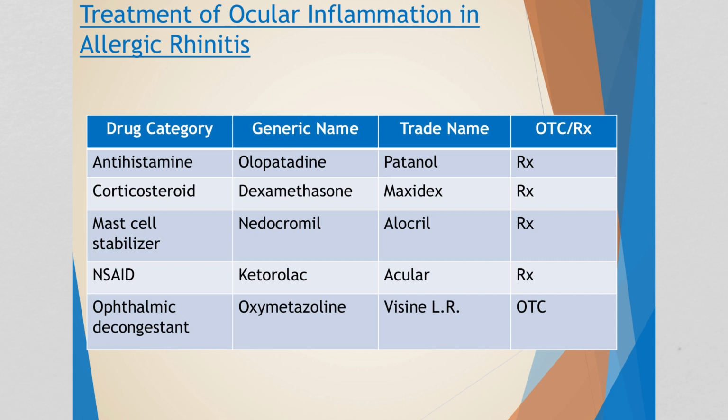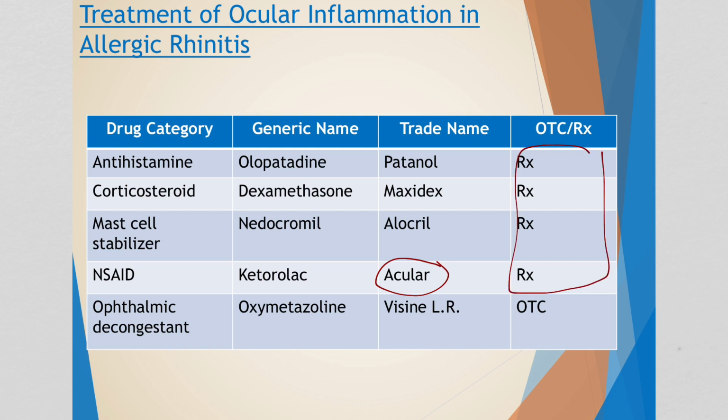With allergic rhinitis, one of the things that we said was different from a common cold is that in the cold we don't have eye itchiness, eye swelling, etc. But in allergic rhinitis, we do. Oftentimes you'll see runny eyes, itchy eyes. So there are ophthalmic products that can be used to reduce the signs and symptoms in the ocular region. The one that's an NSAID that can be used is Acular, but most of these are prescription based.